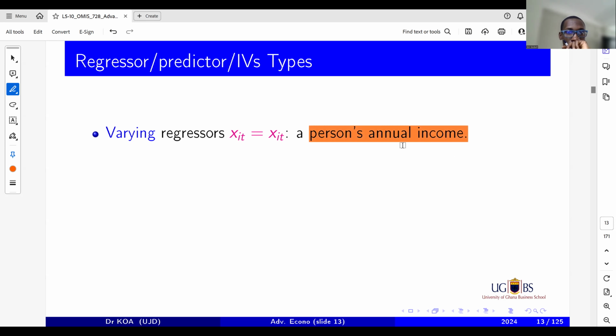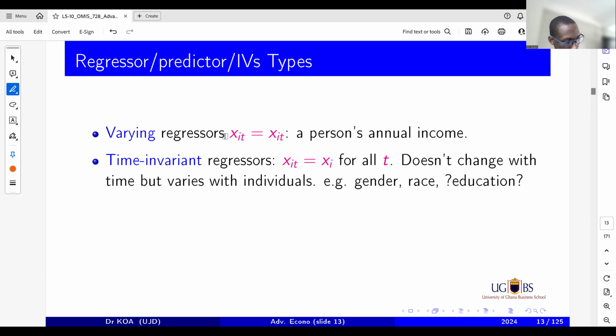If you look at your income this year, it will be different from your income next year. So it's changing over time. But also, my income is different from your income. Even though our incomes are both changing over time, our incomes across individuals are also different. That is a varying regressor with an X_it.